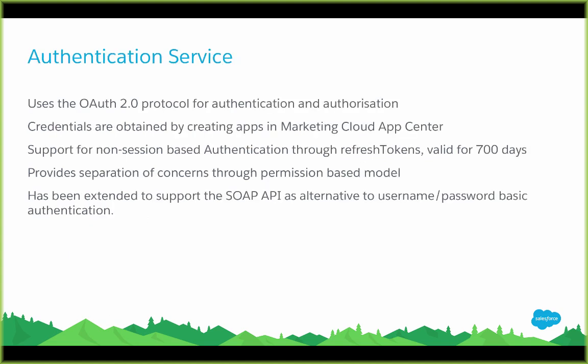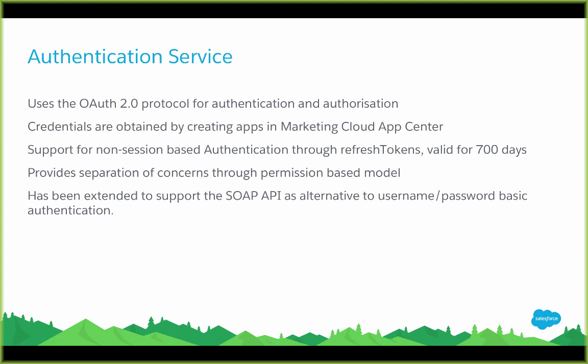So in addition to the APIs and SDKs, we also have an authentication service. Marketing Cloud APIs now use the OAuth 2.0 protocol for authentication and authorization for API methods. And the way it works is that credentials are obtained by creating an app in the Marketing Cloud App Center, and we'll jump in and take a look at that shortly.